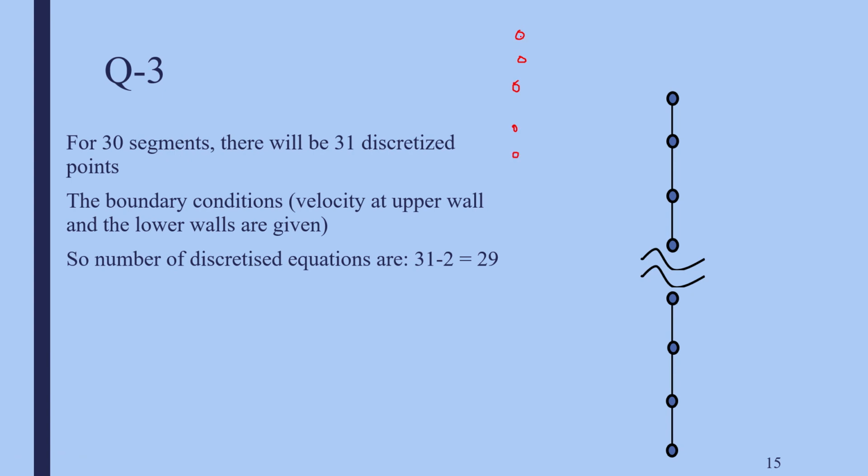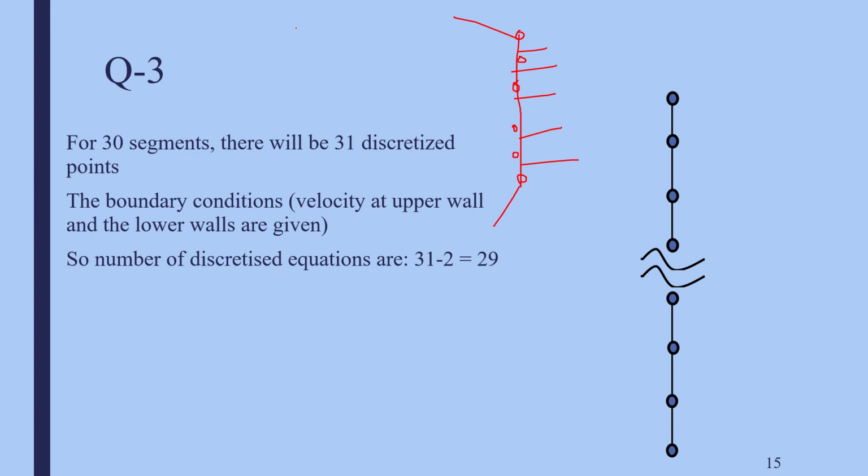We know the values at the top and bottom points, so we are left with 4. In general, if there are 6 points, that is 5 segments, we get 6 minus 2, which is 4 discretized equations.